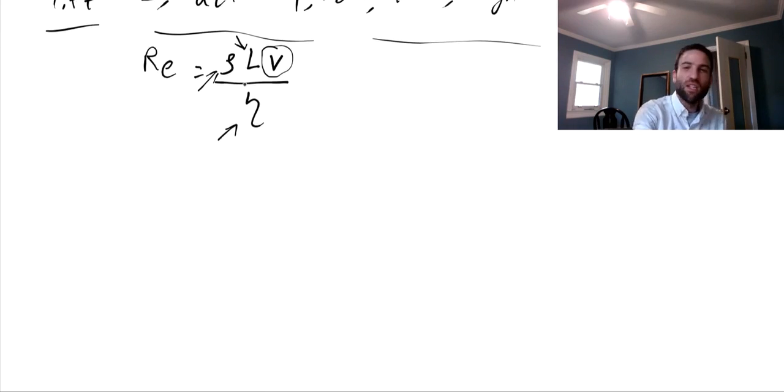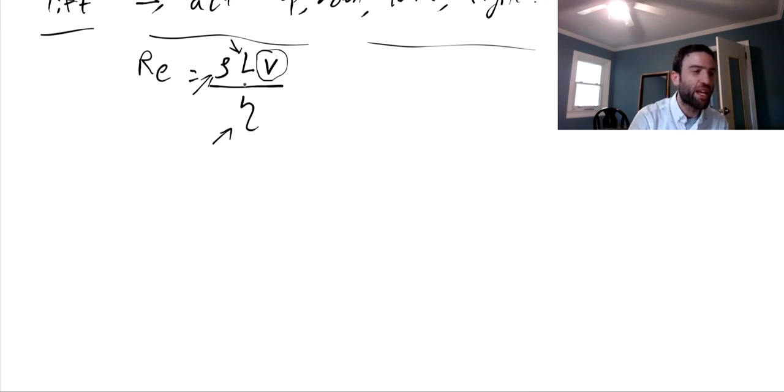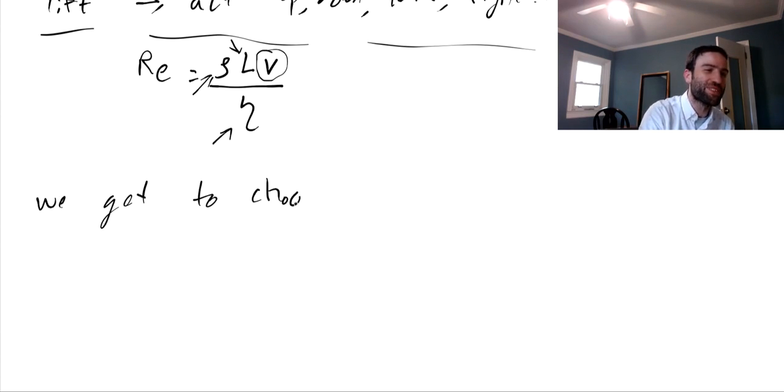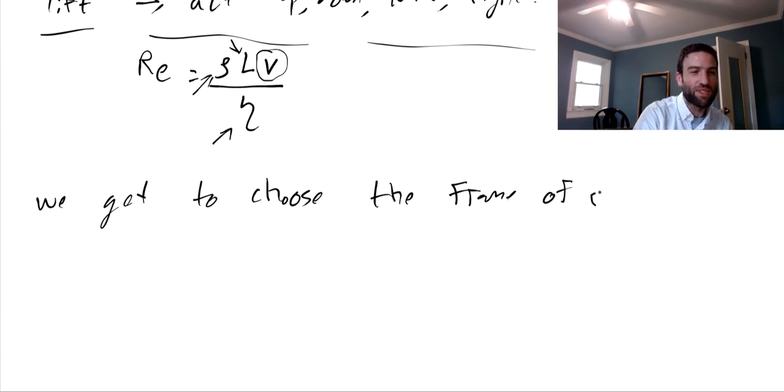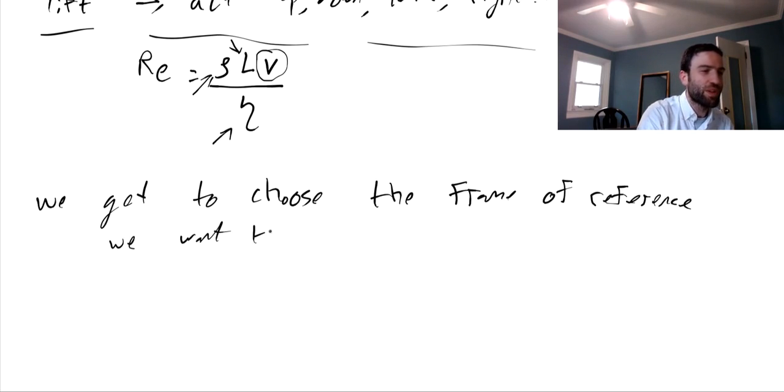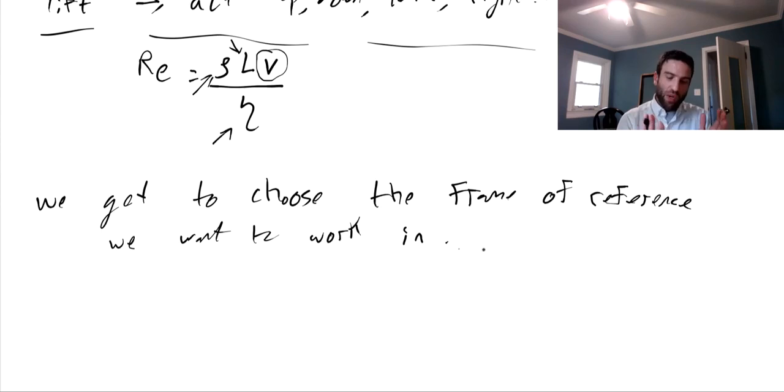Okay. So another thing that I'm going to point out is that in these problems, just like in any problem, we get to choose the frame of reference that we want to work in. Right? So it doesn't matter if I have a ball moving through still air or air flowing over a ball at the same relative motion, actually the patterns of flow will be the same.